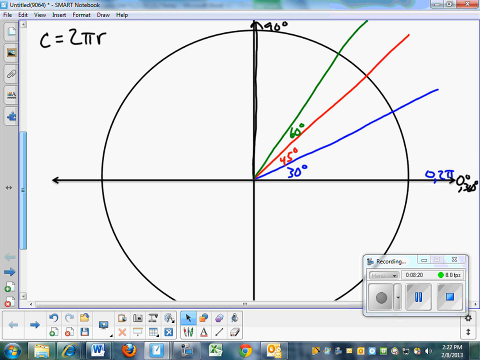So if this is 180 over here, anybody know what that's going to be in radians? 1 pi. If this is 90 degrees, it's going to be a half of a pi.